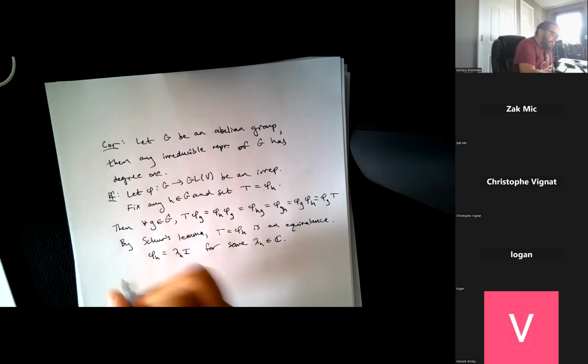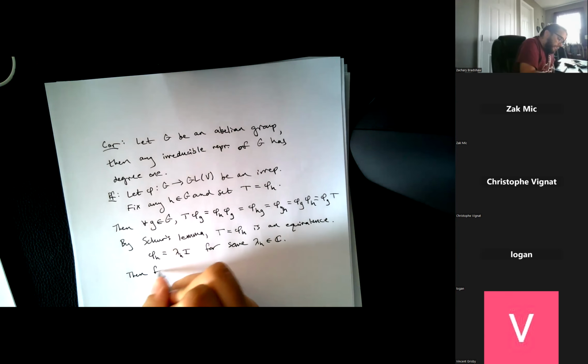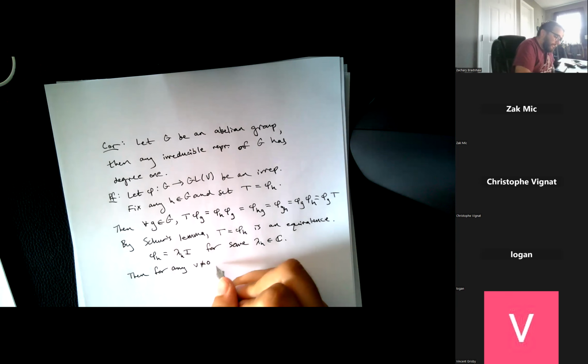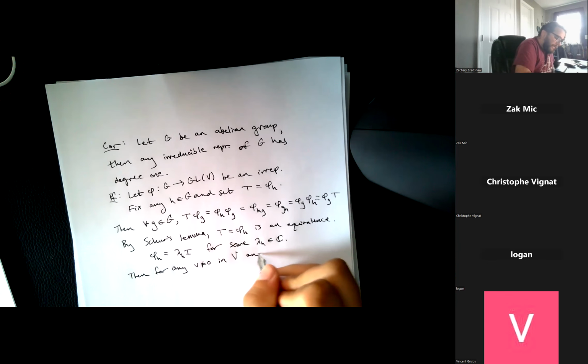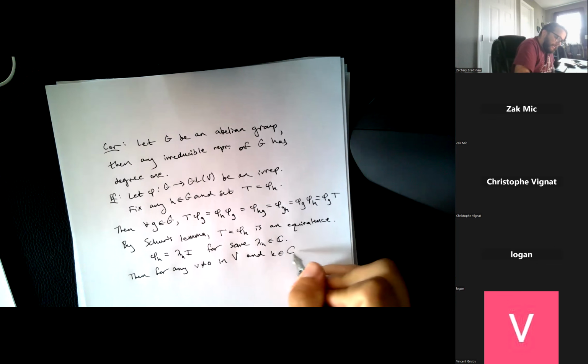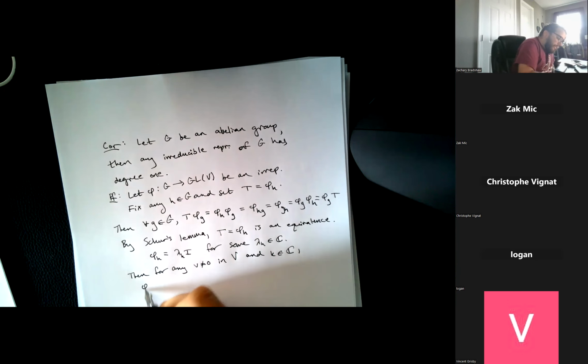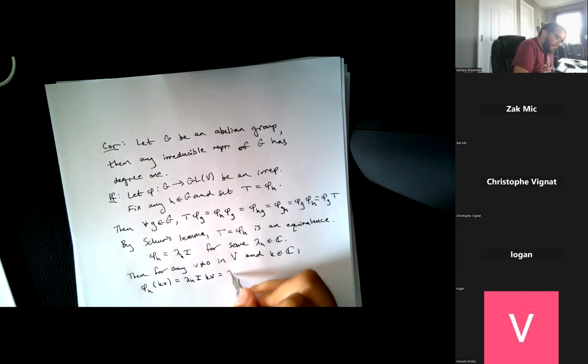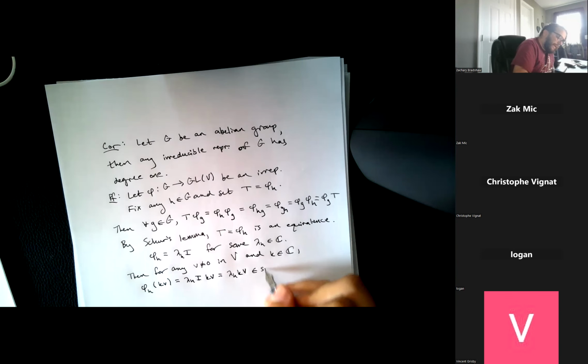Then for any v not equal to 0 and any constant k, phi h of kv is equal to lambda h I kv, which is equal to lambda h kv, and this is in the span of the vector v.